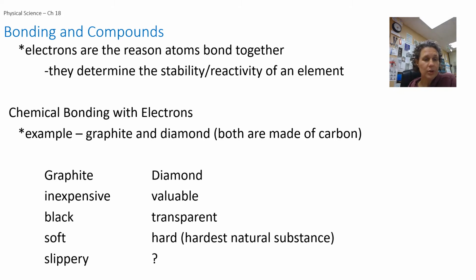Very valuable, transparent, light shines through it, very hard, the hardest natural substance that we know of. I have a question mark down there where I'm comparing it to slippery because I didn't know it was the best way to compare it. But both of those are made of pure carbon.